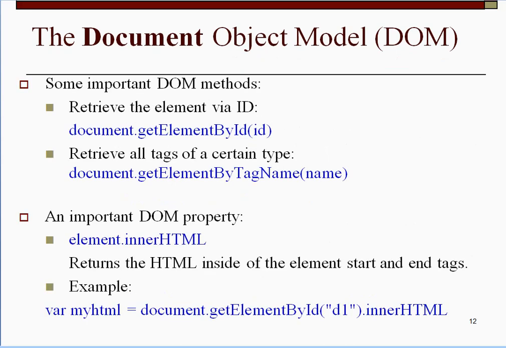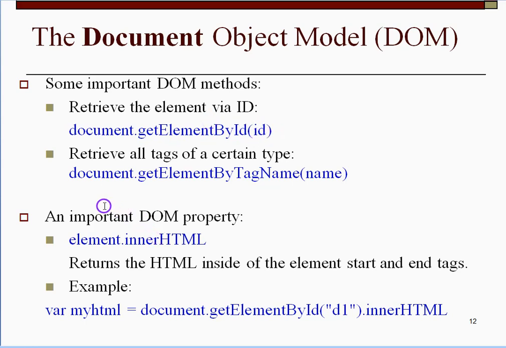Two important methods that apply to the document object model, or DOM for short, are the retrieval of an element via an ID. The way you would do this is you would use the following form: document.getElementById, and then pass the specific ID of the element as an argument to the method.